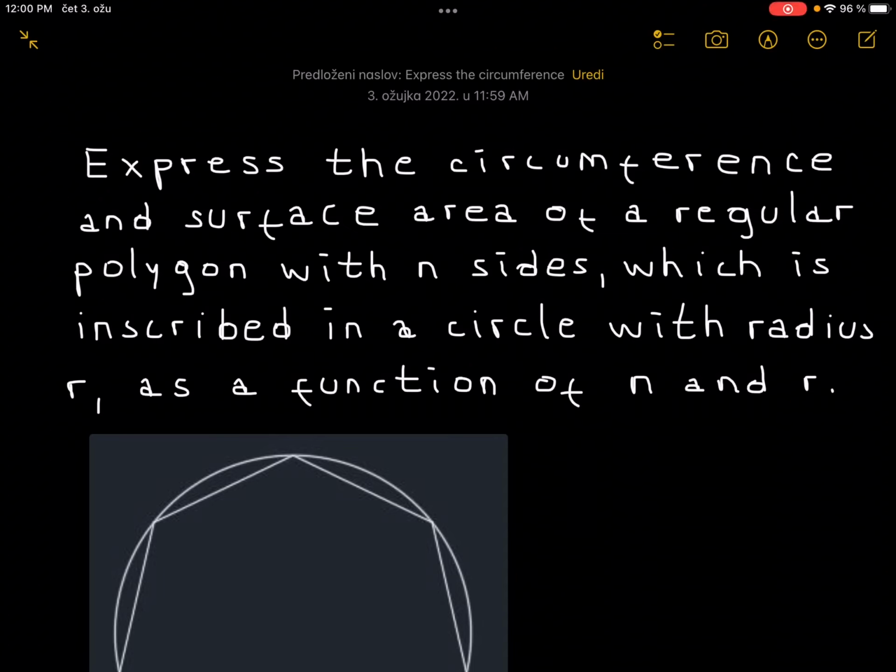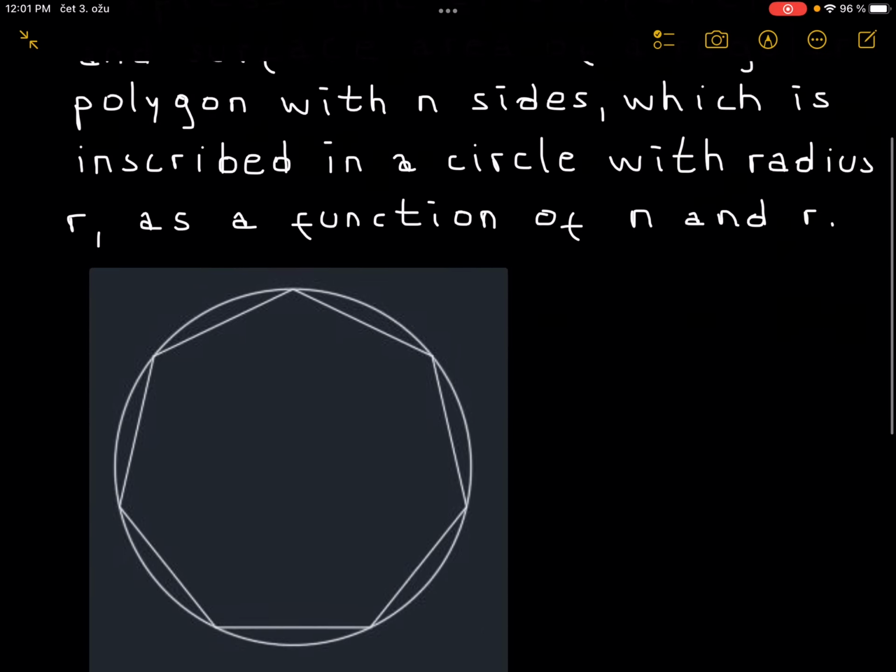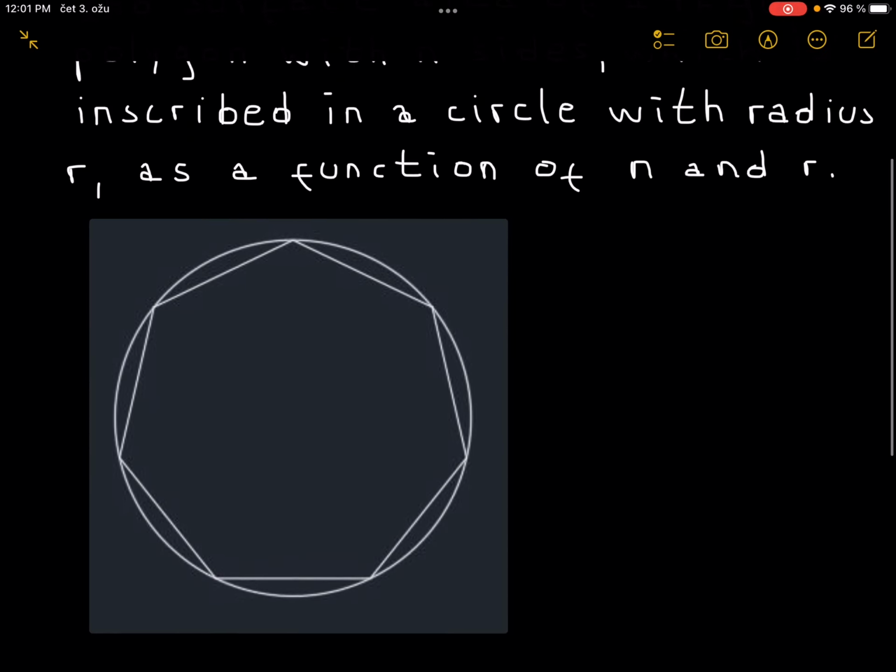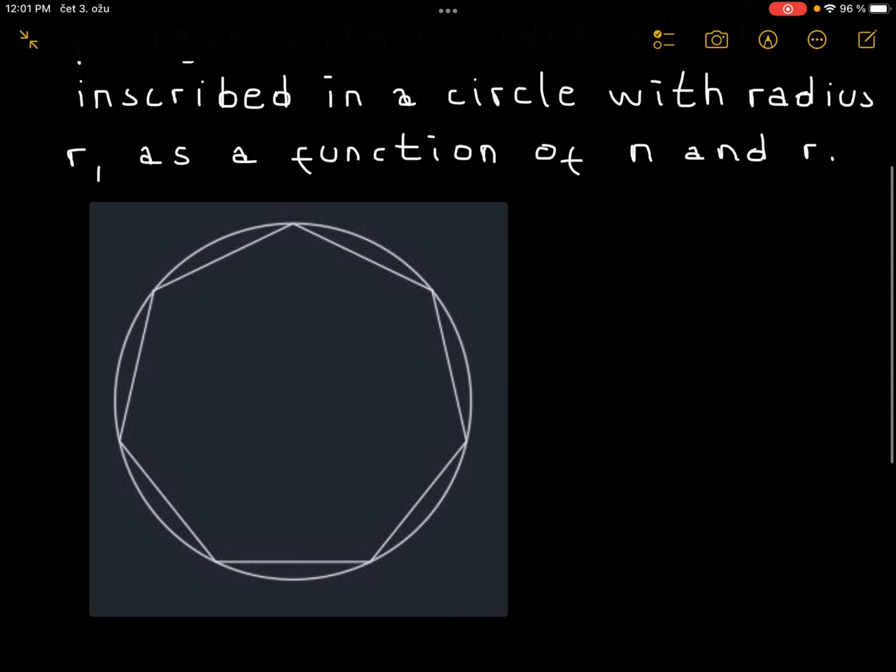So hello everybody. Today we're going to be doing a nice problem. We're supposed to express the circumference and the surface area of a regular polygon which has n sides and which is inscribed in a circle with radius r as a function of the number of its sides and r.